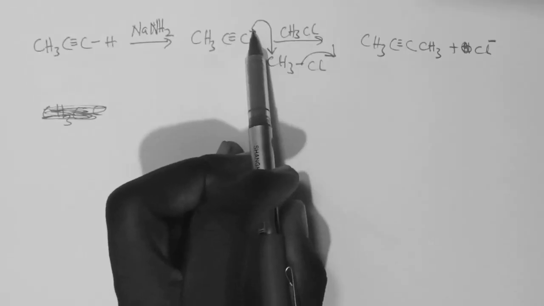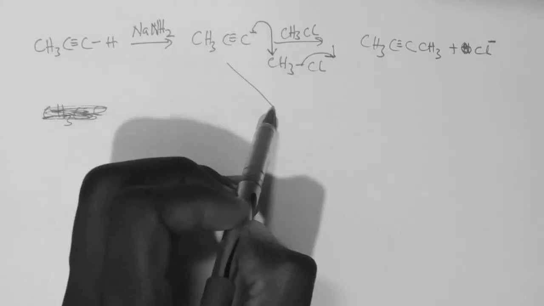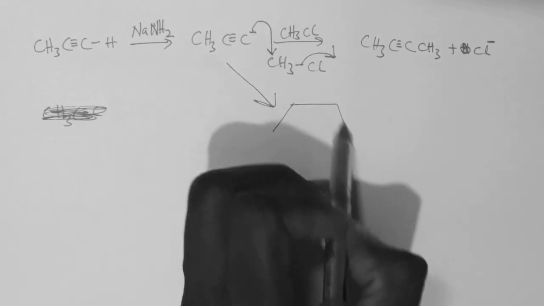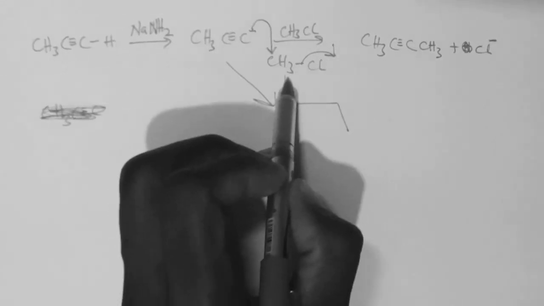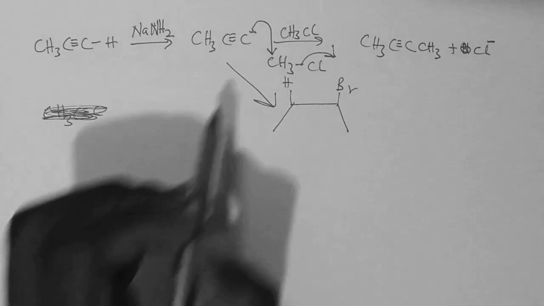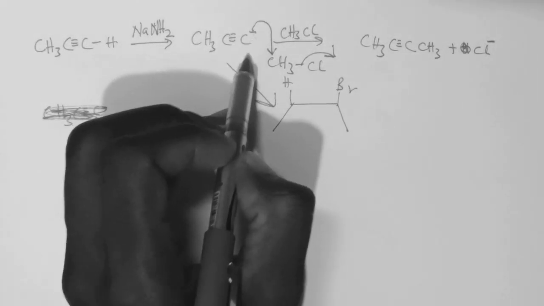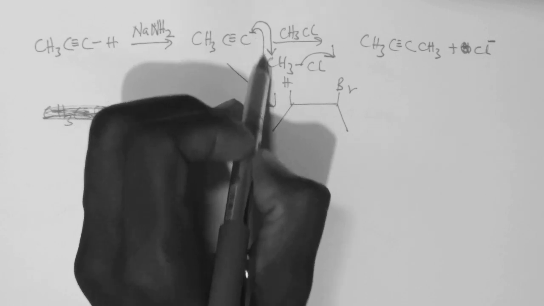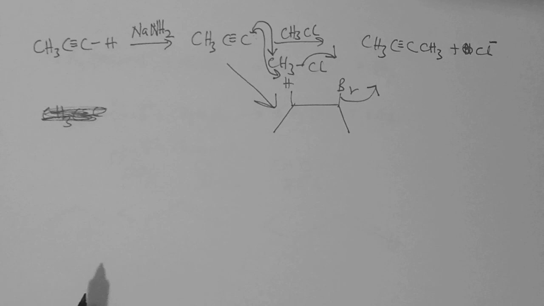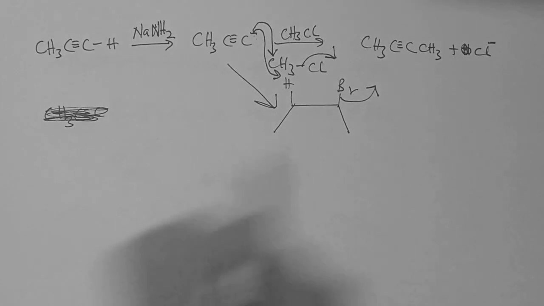If we create this carbanion, another thing we could have done is to put in a haloalkane like this. If we put in a haloalkane, this carbanion can pick this proton whilst causing this bromine to leave because it is a good leaving group.